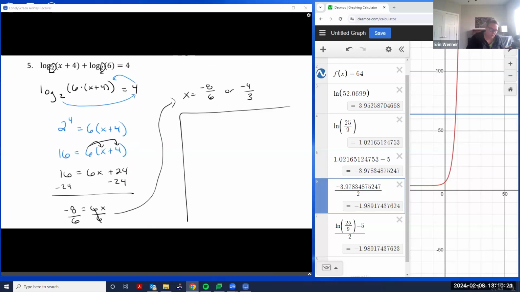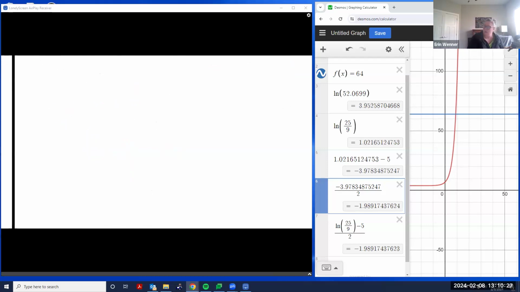Let's just do a new page. One of the problems said we have log of x to the 20th, y to the 2nd, over z to the 11th.